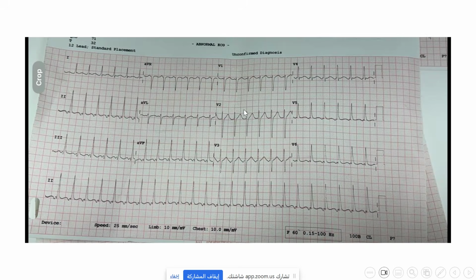Could be PJRT. Do you know the meaning of PJRT? Permanent junctional reciprocating tachycardia. Or atrial tachycardia, or sinus tachycardia, or atypical AVNRT, sorry. So these are four differential diagnoses for this ECG.